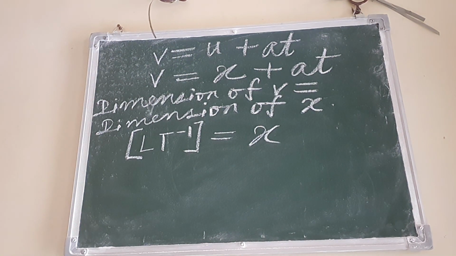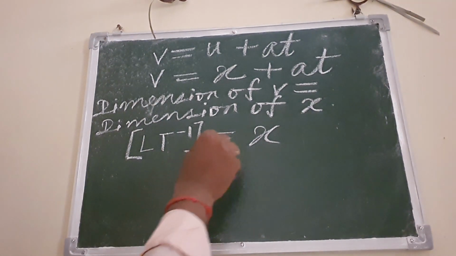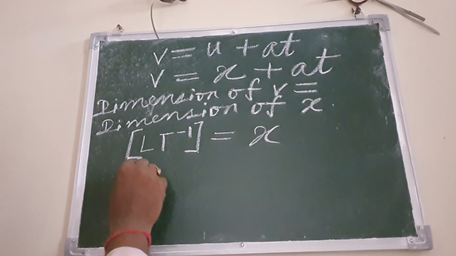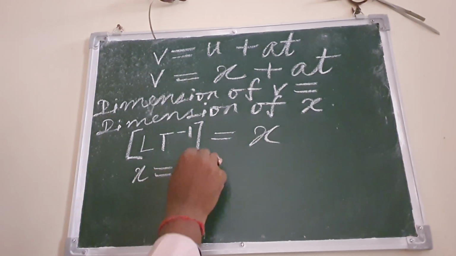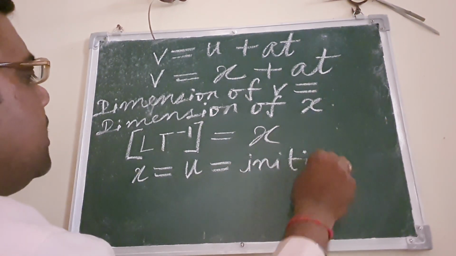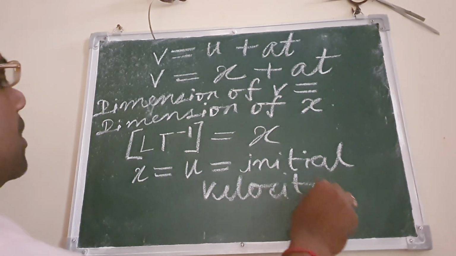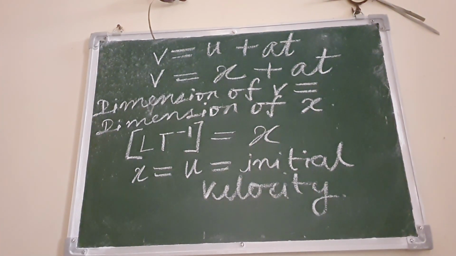So our unknown parameter becomes equal to L T raised to power minus 1, and this is the dimension of velocity. So x is also a velocity, and according to this equation, it is the initial velocity u. Therefore it is the initial velocity. So this is our answer.